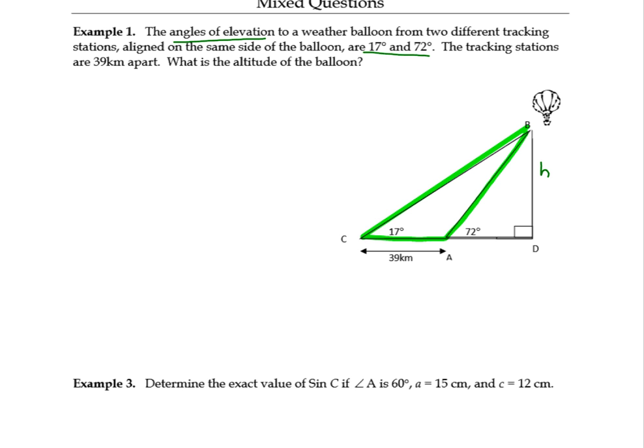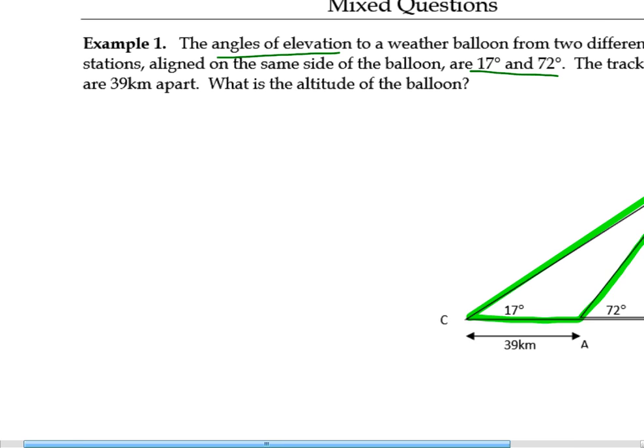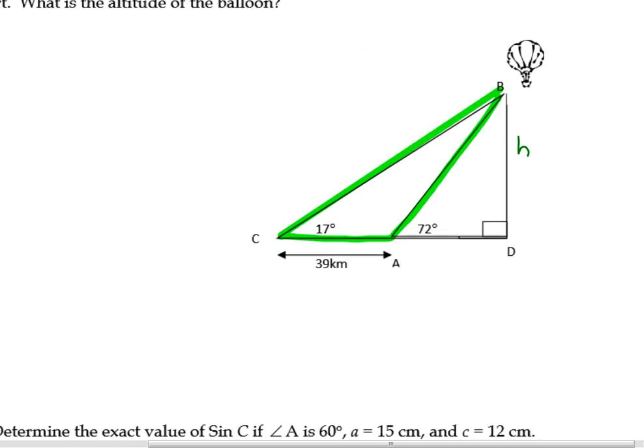I know the 39, right? Let me zoom in a bit. So let's find out some stuff about that triangle. What else do I know? The side beside 72? Oh, that angle? Perfect. So this angle right here. See this angle here? We know that angle. Well, we don't know it yet, but we can find it.